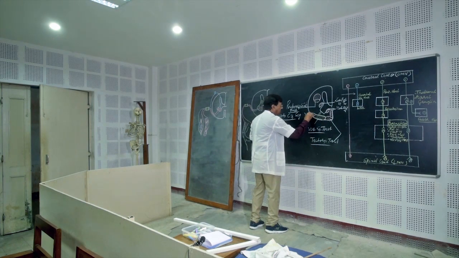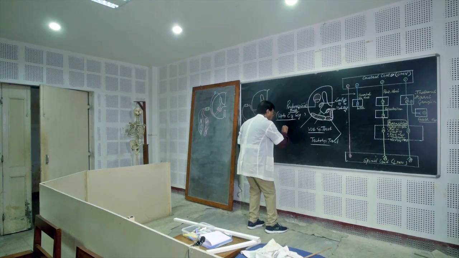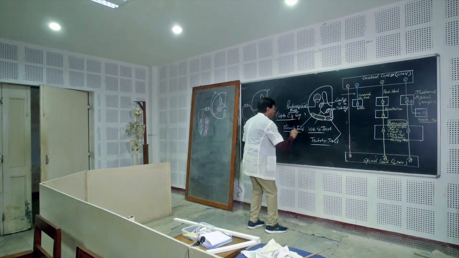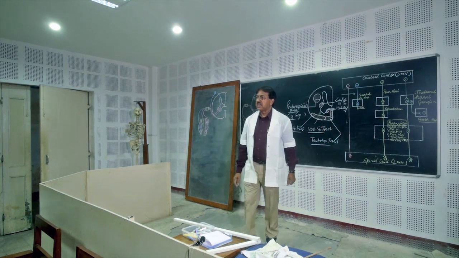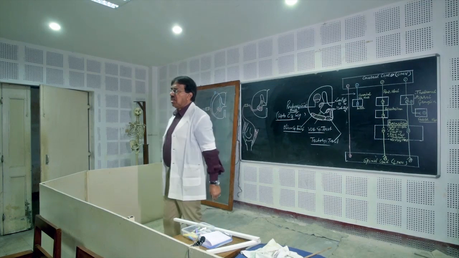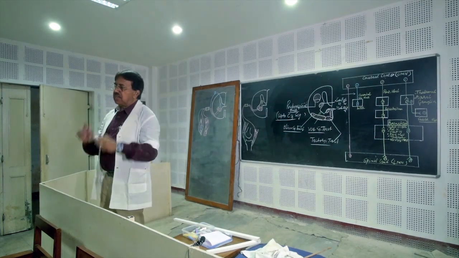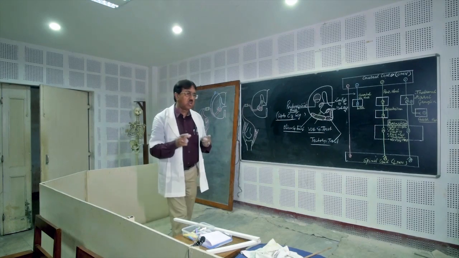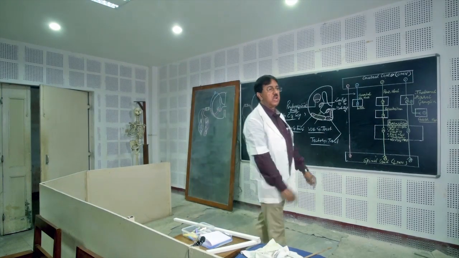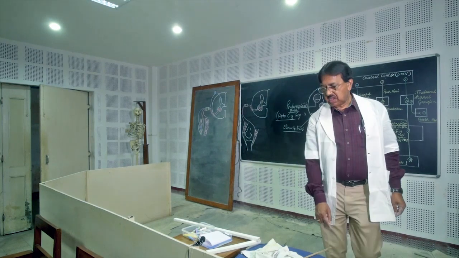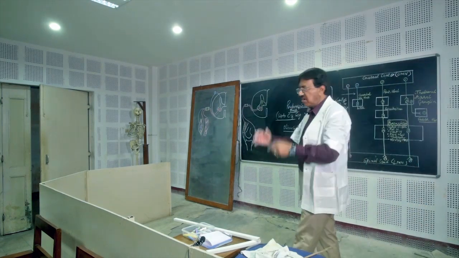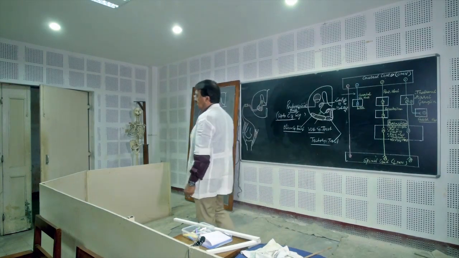I show it in a dotted line because olivospinal tract is poorly existent in the human nervous system. So its function is also doubtful. So this is the location, extent and basic function of the extrapyramidal tracts.